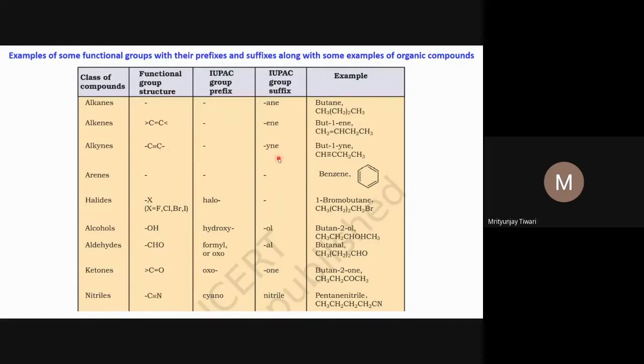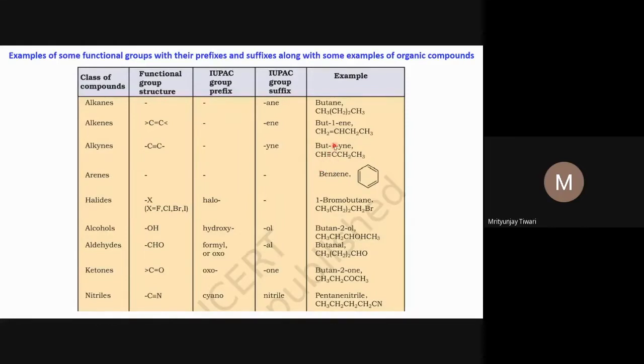You can see here CH triple bond C, CH2, CH3. One can also have the triple bond between the second and third carbon atoms, so it can be CH3, C triple bond C, CH3. So we see two different isomers, and those isomers arise only because of the position of the triple bond, so they are position isomers.